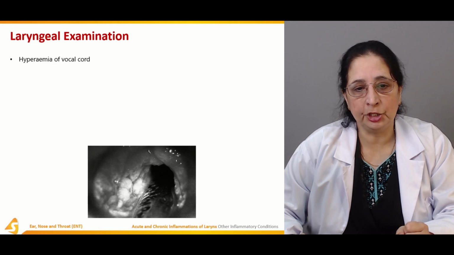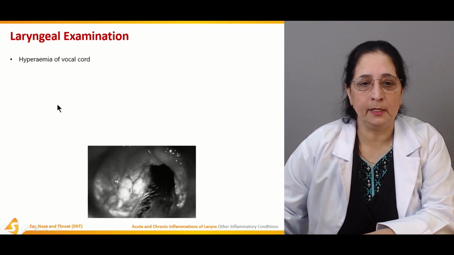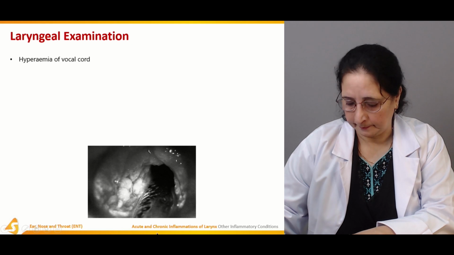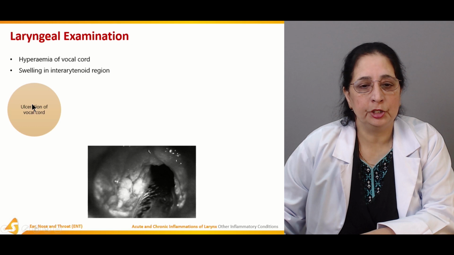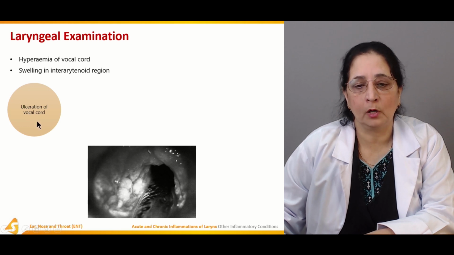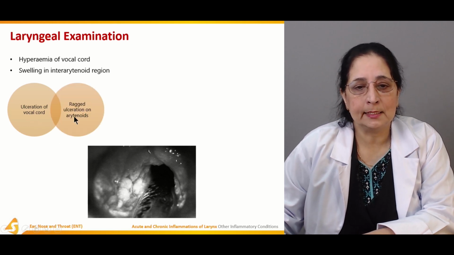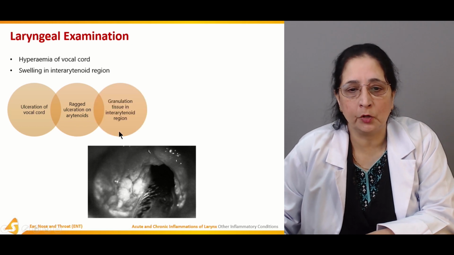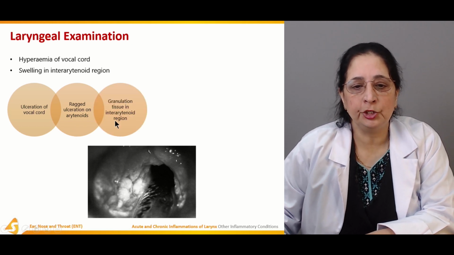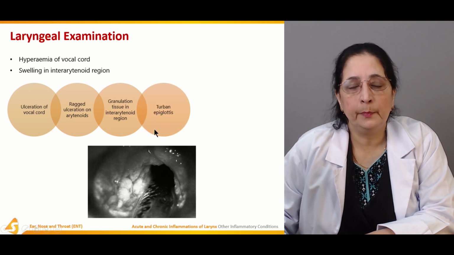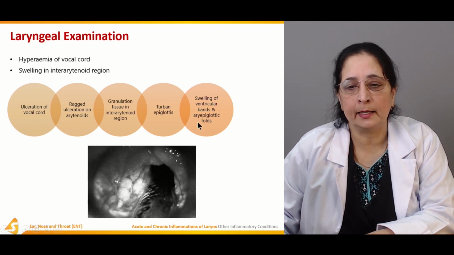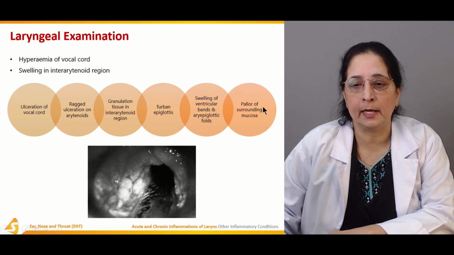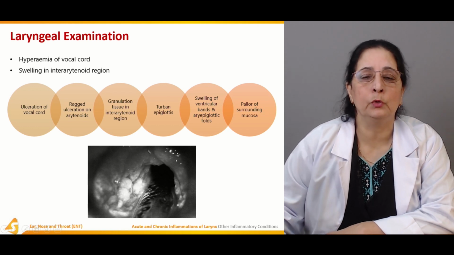Laryngeal examination shows hyperemia of the vocal cords, swelling in the interarytenoid region, ulceration of the vocal cords, ragged ulceration on the arytenoids, granulation tissue in the interarytenoid region, turban epiglottis, swelling of the ventricular bands and aryepiglottic folds, and then pallor of the surrounding mucosa.